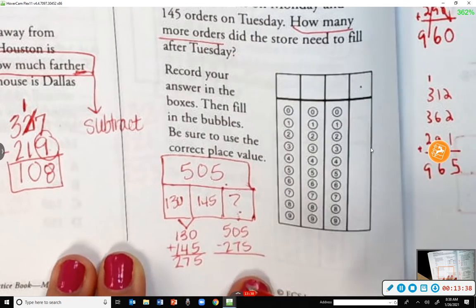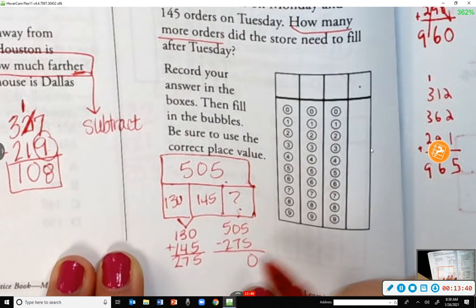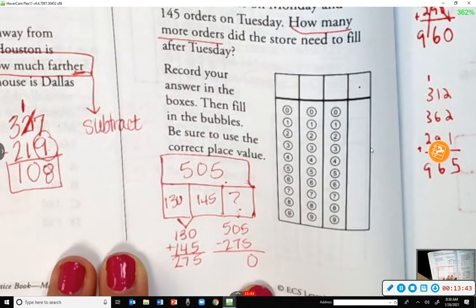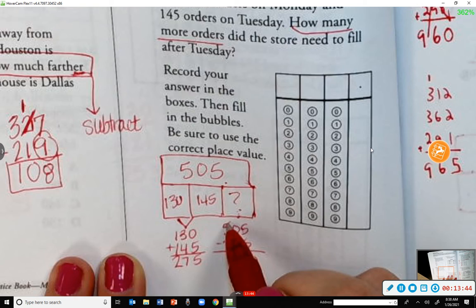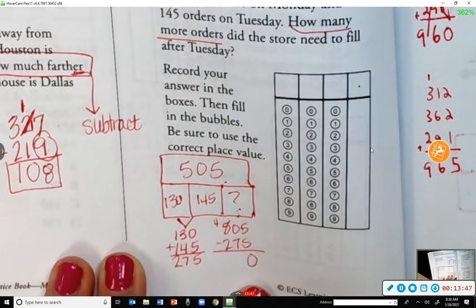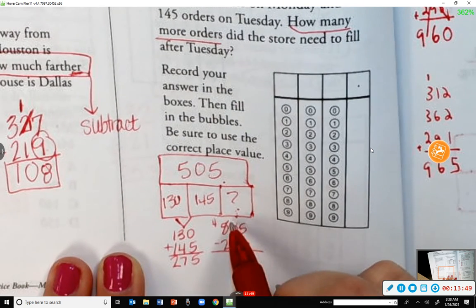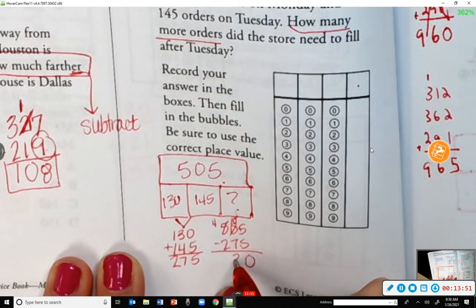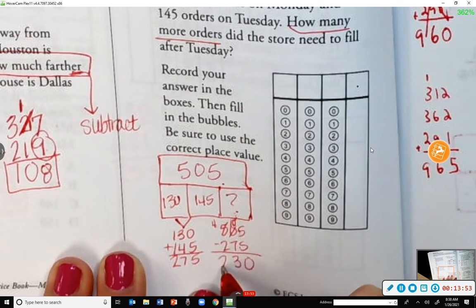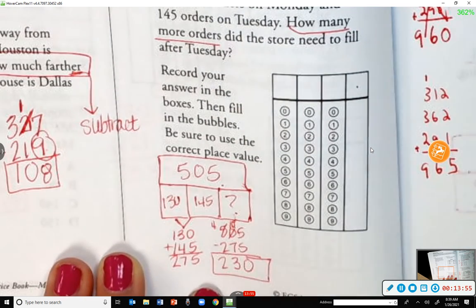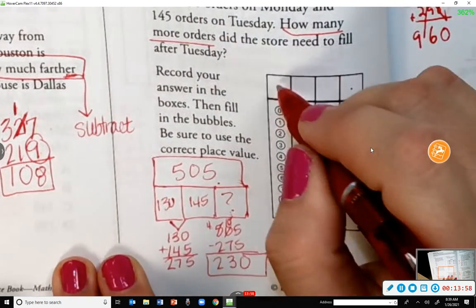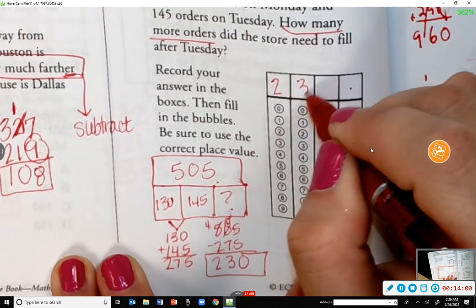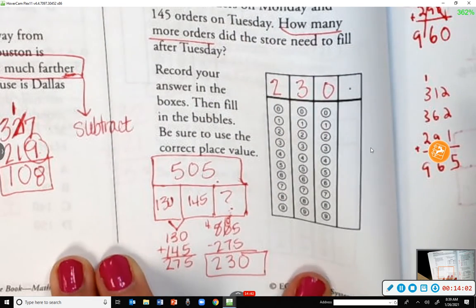Okay, very good. 5 minus 5 is 0. 0 minus 7, can I do that? No. Go next door. 5 becomes 4. 0 becomes 10. Good. 10 minus 7 is 3. 4 minus 2 is 2. Now that's your final answer. 2, 3, 0 goes in your boxes just like that.